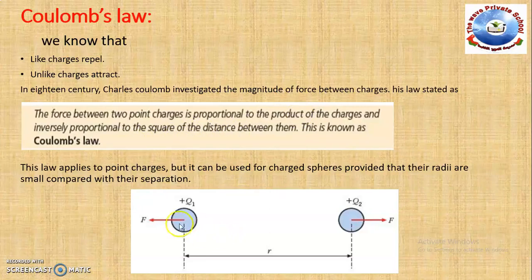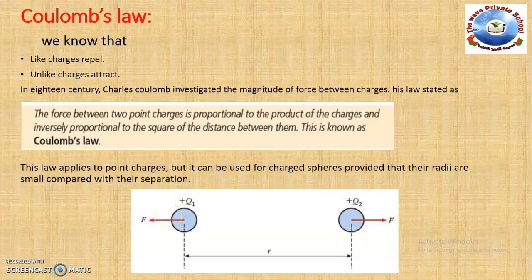To understand this, if you see this picture, here 2 point charges are present. This one charge is plus Q1 and another charge is plus Q2. These two charges are point charges where we have to find the electric field. And we know that if a charge is positive, then the force is in outward direction.